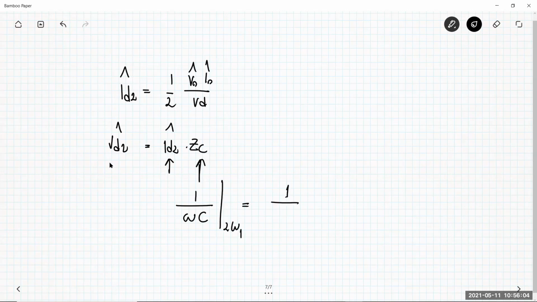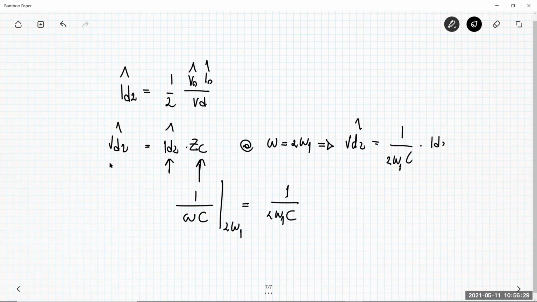And so this is 2 omega 1 multiplied by C. So at omega equal to 2 times omega 1, which is the frequency of this current, you have that VD2 is 1 over 2 omega 1 C multiplied by ID2 peak, so 1 over 2 omega 1 C multiplied by 1/2 V naught I naught peak over VD.